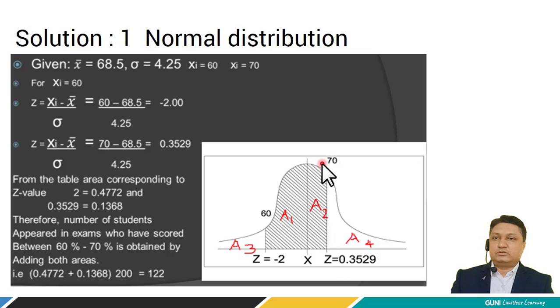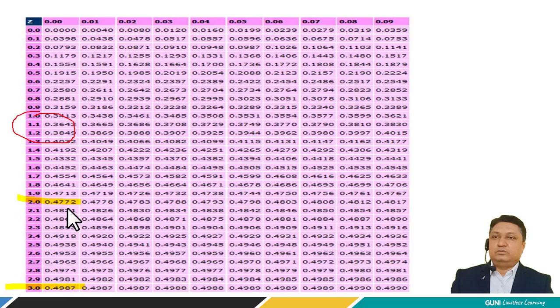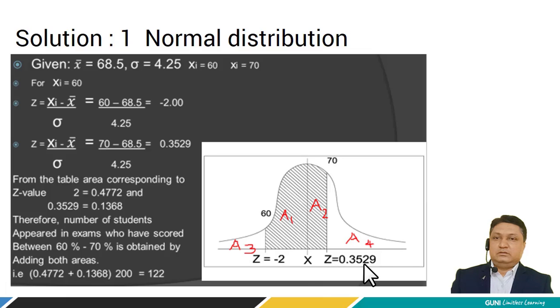So approximately we mark the z values here, z equal to minus 2 and 0.3529 for 60 and 70 respectively. Now let us see the table to find the area corresponding to z value 2 and z value 0.3529. For z value 2 we have already marked the value 0.4772, and for z value 0.3529.